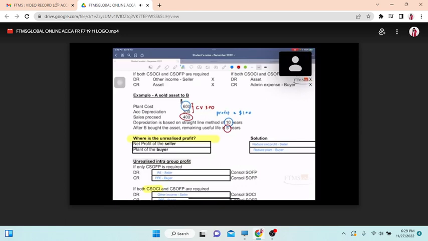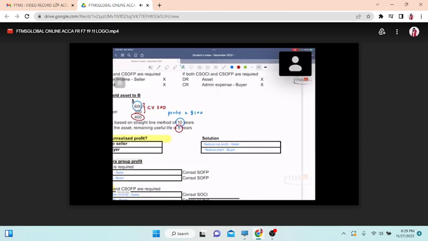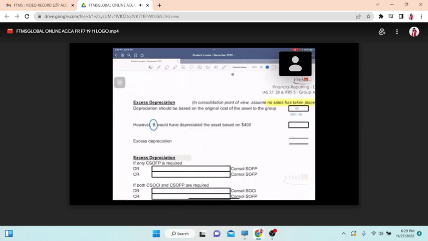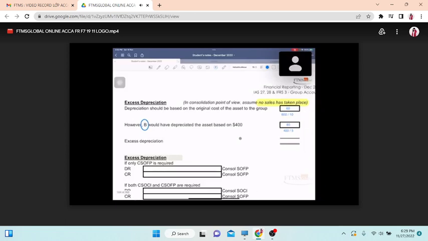So B would have calculated depreciation based on 400 divided by 5, which is 80. So do you see we have something called the excess depreciation? The depreciation that should be reported in the consolidated account is supposed to be 60, but now it's reported at 80. Therefore, we have an excess depreciation of 20.